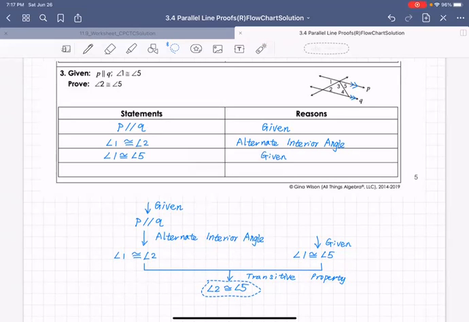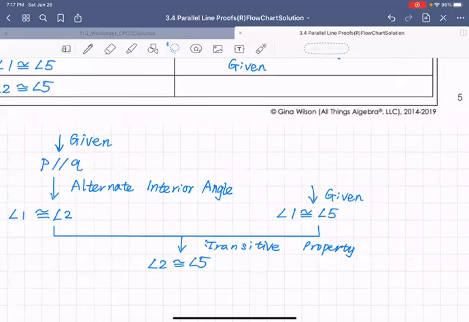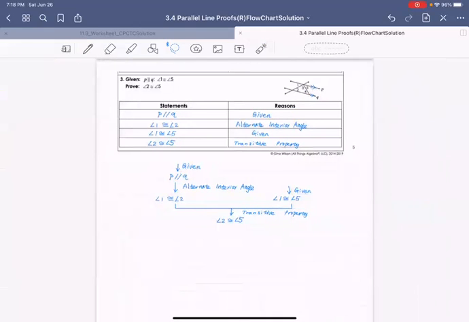So based on that, you get angle 2 is congruent to angle 5 because of the transitive property.